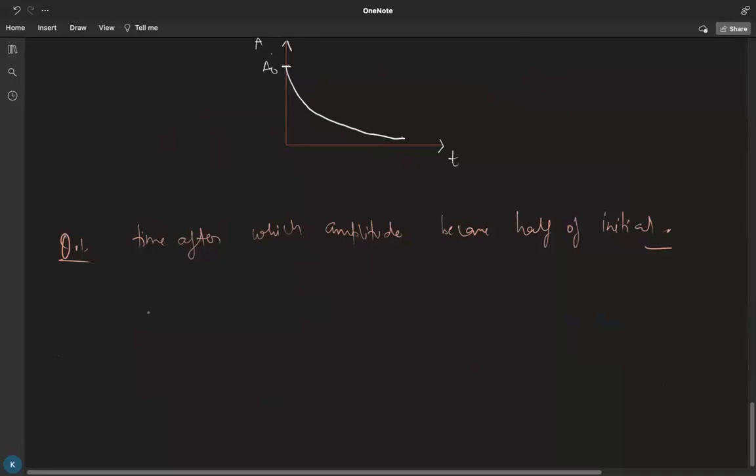So we all know that in case of damping, obviously we are talking about the damping vibration, we know that at time t equal to 0, we are assuming our amplitude A is equal to A naught.